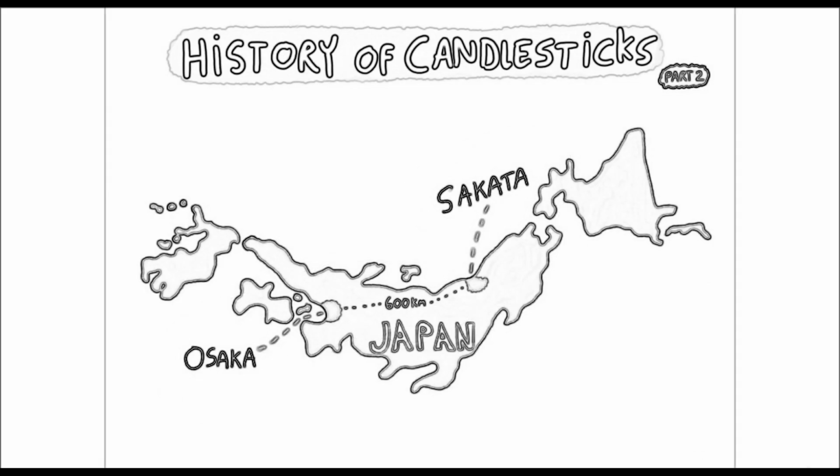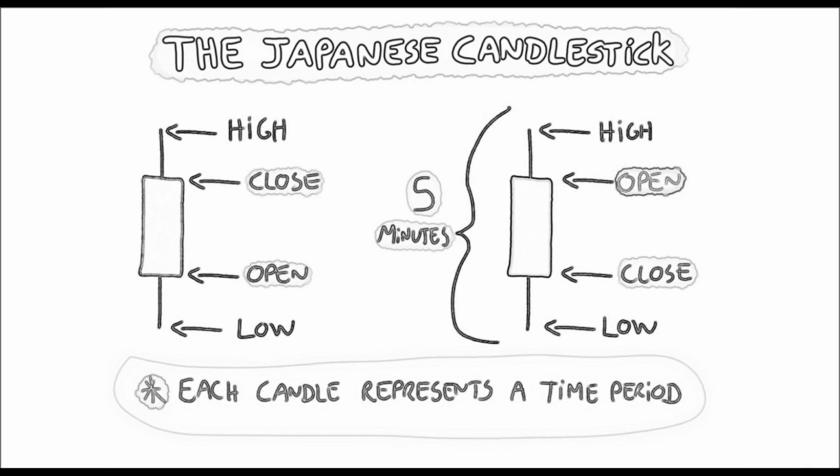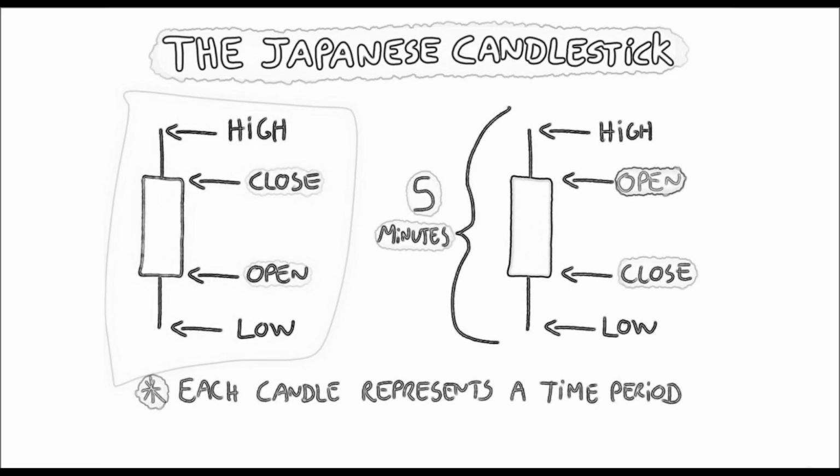Now, how do Japanese candlesticks look? Easy. Let's take a look together. Let's start by saying one thing: each candle represents a time period. So let's say all these candles we have right here are 5 minutes. In this 5-minute candle, what do we see? We have 4 values.